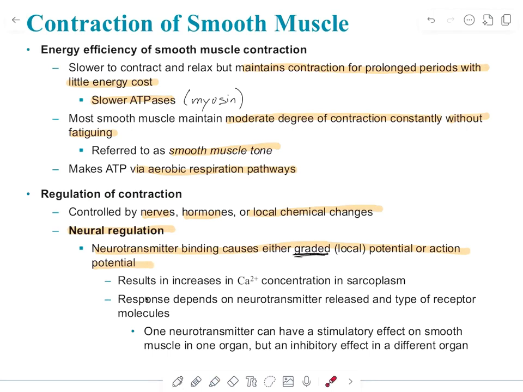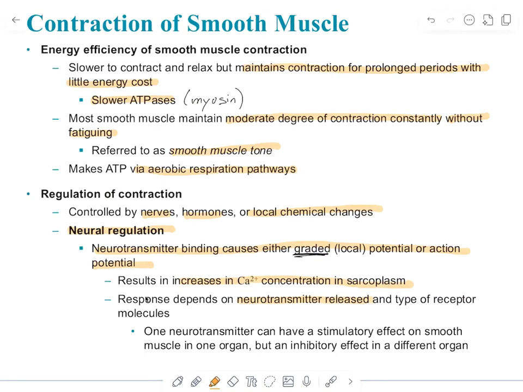You'll be learning more about the graded versus action potential in chapter 11. But the result is still about the same. It increases calcium concentration in the sarcoplasm, and the response depends on the neurotransmitter released and the type of receptor.